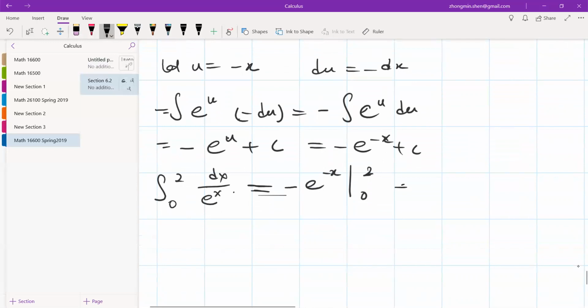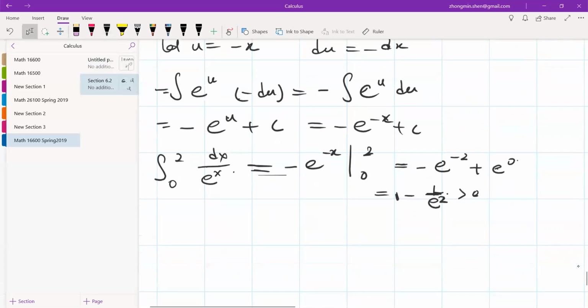So it's going to be negative e to the negative 2 minus, that's a plus e to the 0, which is going to be a positive number. It's 1 minus 1 over e squared. It's a positive number. Double check that at the end. Why is it positive? Because 1 over e to the x is positive.